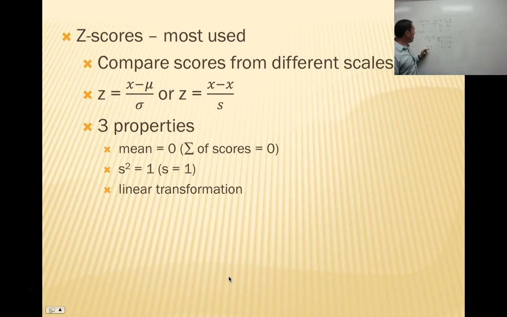So the z-score for the GRE is 2. The z-score for my ACT is 1.27, which is smaller, and the GRE has a z-score of 2. So an individual who scores a 170 on the GRE is doing better than the individual who scores 24 on the ACT. Hopefully that makes sense.